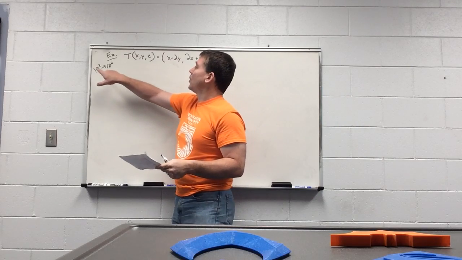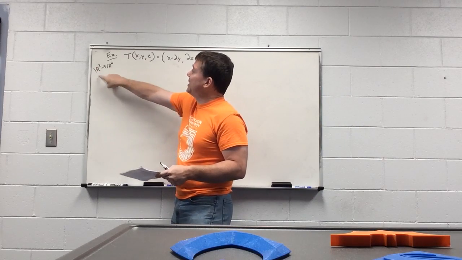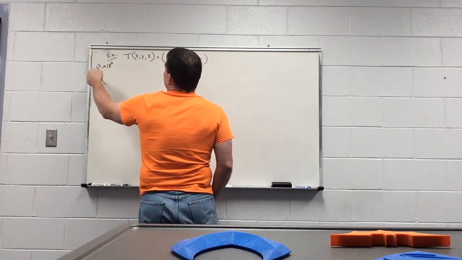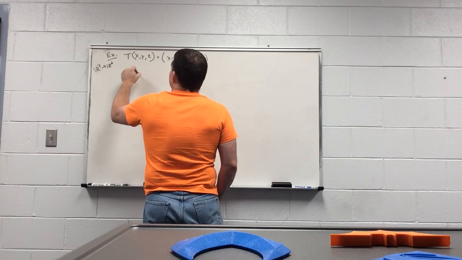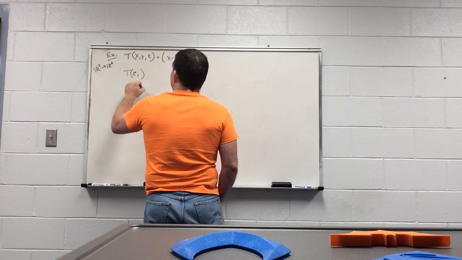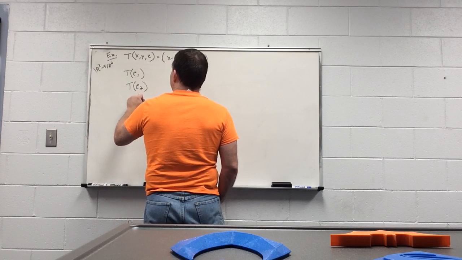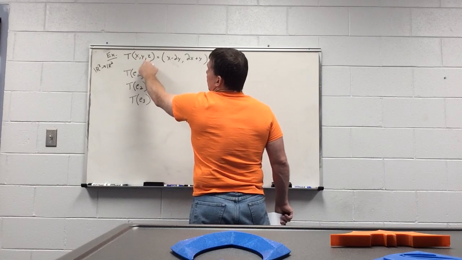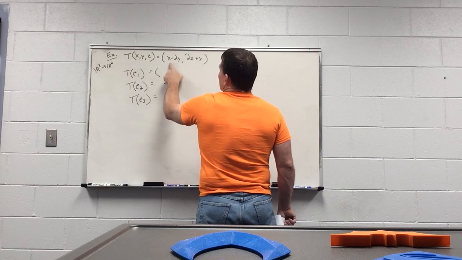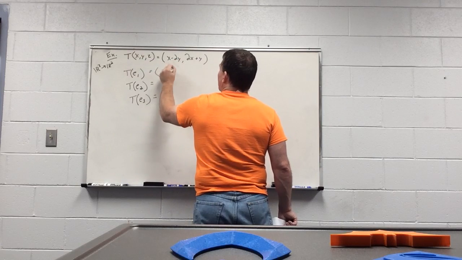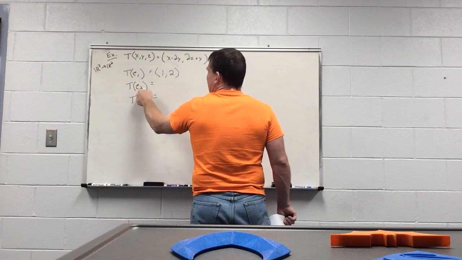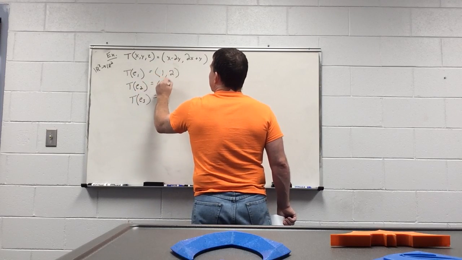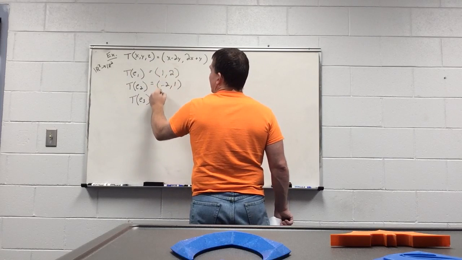Keep in mind here, we're going from R3 to R2. My basis is in R3. So here, we'll use the bases, and I'll need E1 to E3. So I need T of E1, T of E2, and T of E3. Here, X is 1, Y and Z are 0, so I get 1, 2. Here, Y is 1, X and Z are 0, so I get negative 2, 1.